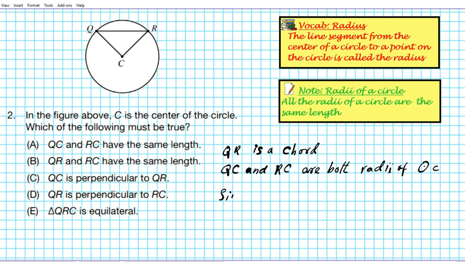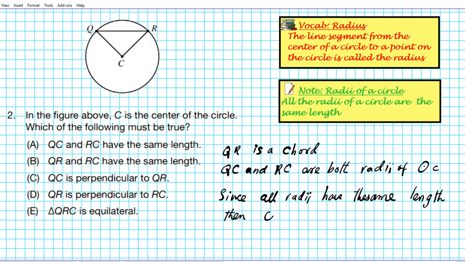So what does that mean? Well, since all radii have the same length, what does that tell us about segment QC and RC? Since they're both radii and all radii have the same length, it follows that they have the same length.